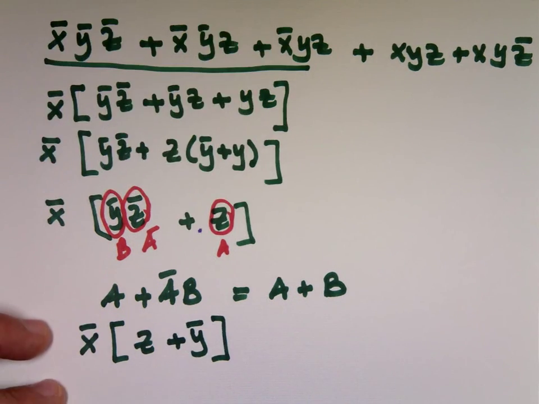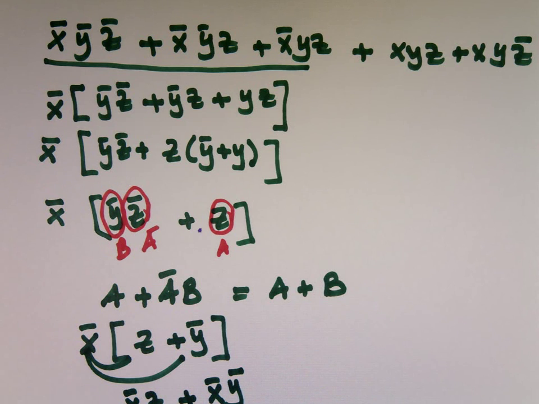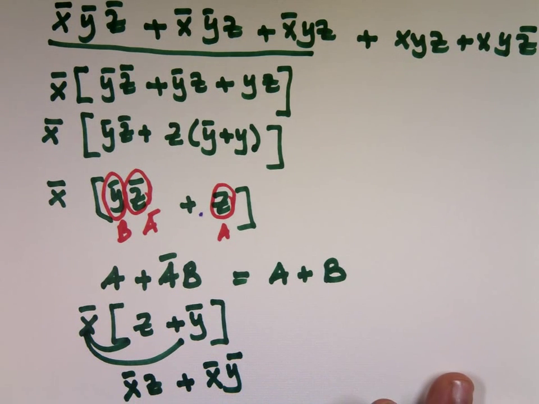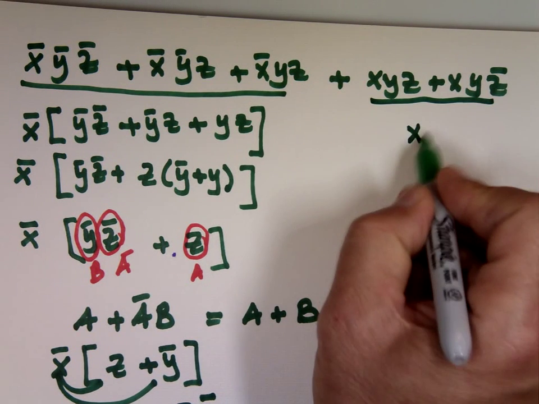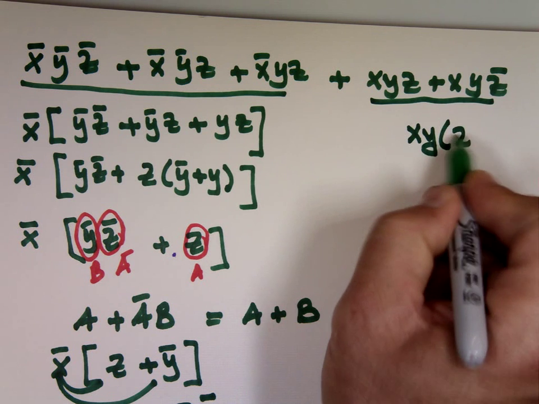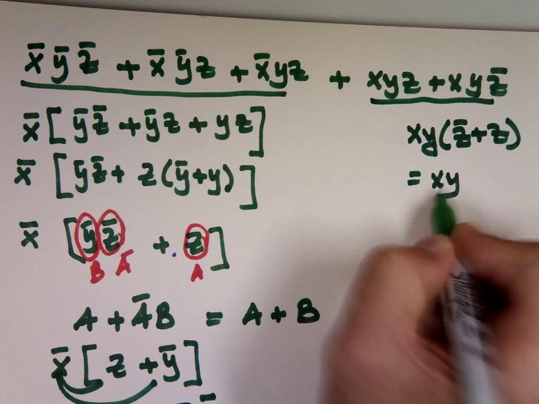Distribute that, X bar Z plus X bar Y bar. You can do that. And now go to these 2 here and factor X, Y out. What's left? Z bar plus Z, which is a 1. So come back and add that answer down here.